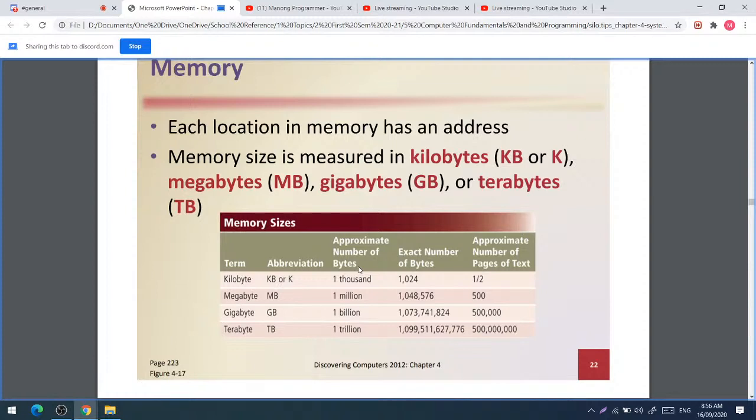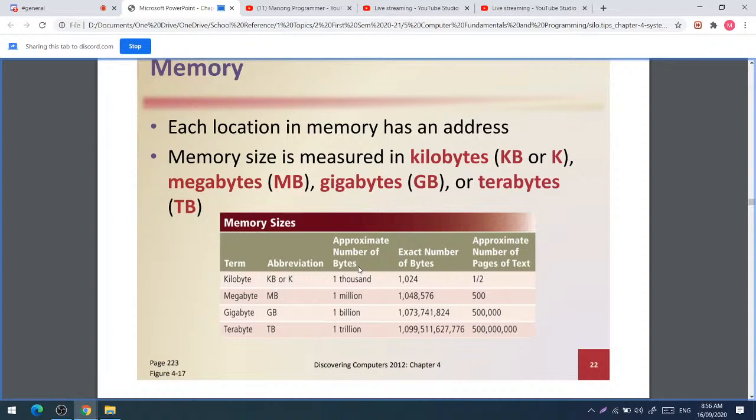Take note of a kilobyte in the computer. What we know is that when we say KB, that is equivalent to 1,000. No. In a computer, a kilobyte is equivalent to 1024.